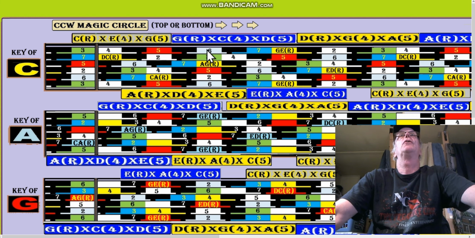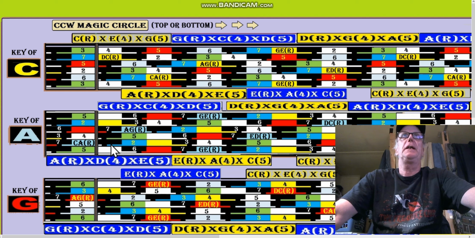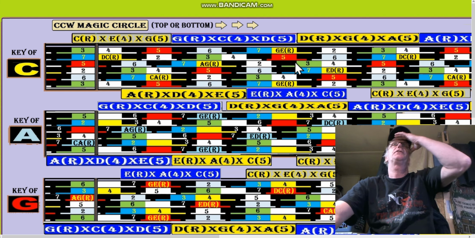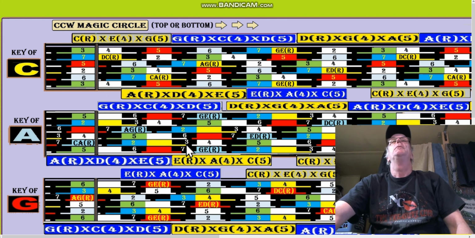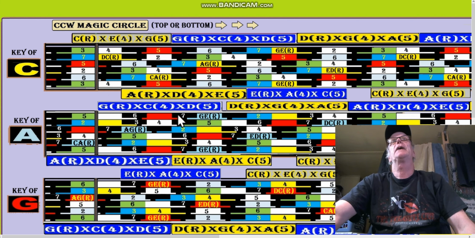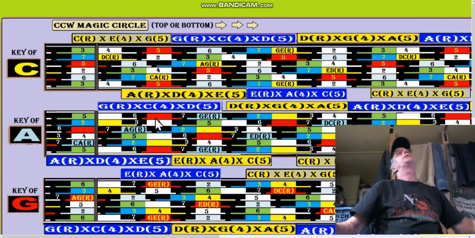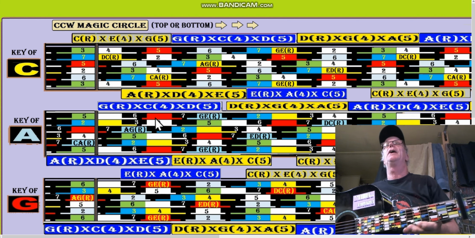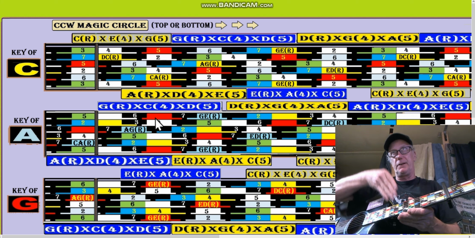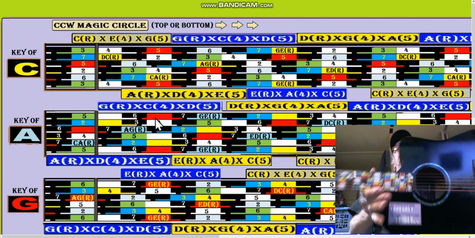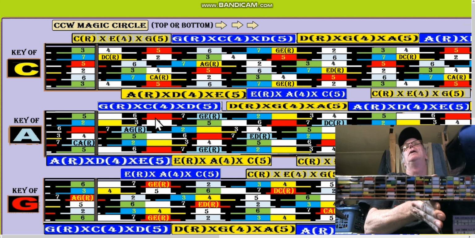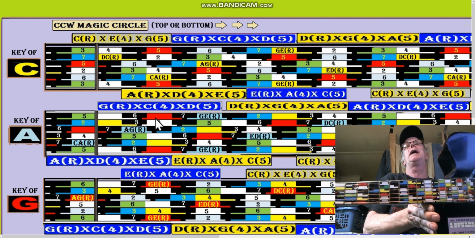Notice the colors are all the same, but the labels on those notes are mostly different. Of course, there's root through 7 on each one of them, and scales. But see, we've got numbers here on the black notes. These are the notes like on my guitar, and here they are upside down because I have to look at them like this, but right side up, it's like this. So that's pretty much what we're looking at.